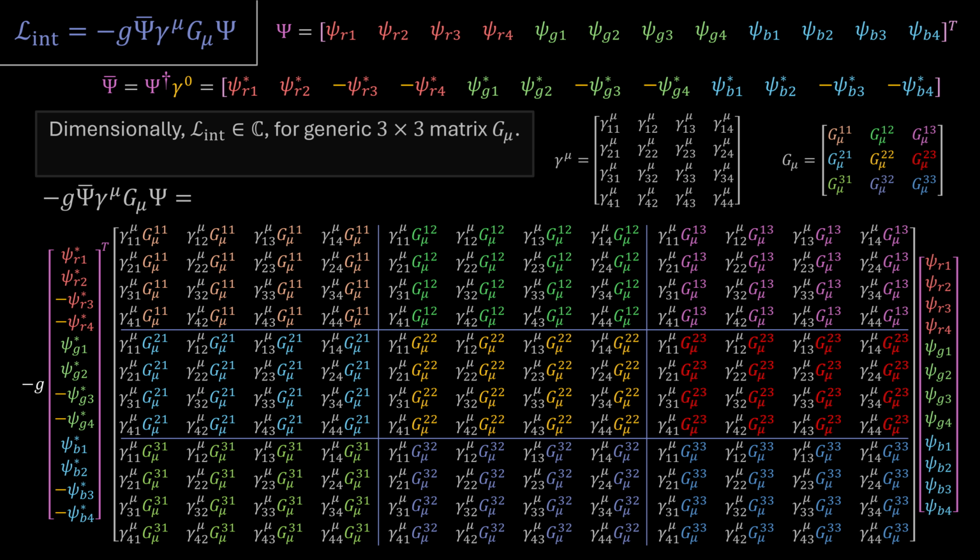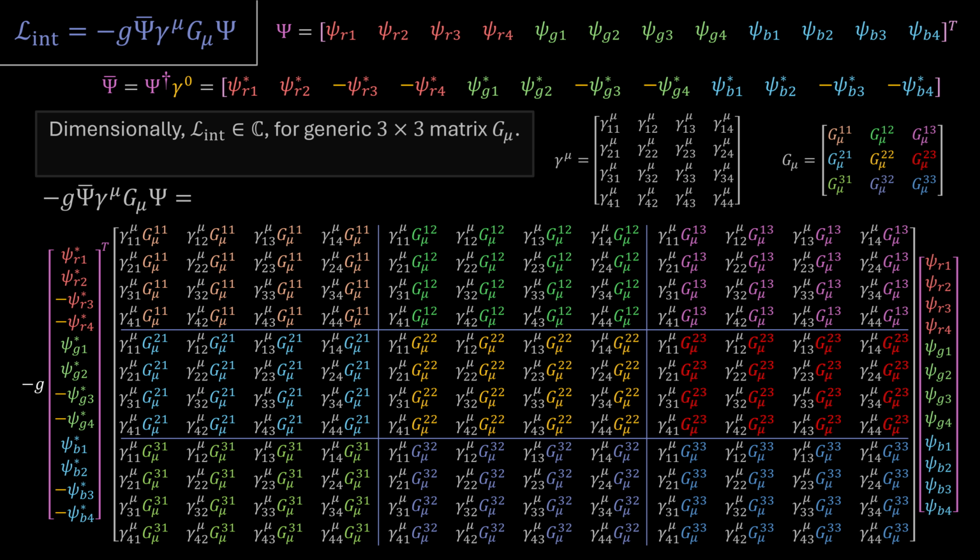But the thing about a Lagrangian is that it can't be complex-valued. It has to be real-valued. And so it is good that dimensionally we know that it has to at least be complex-valued, as opposed to being like a vector or a matrix. But we do have to insist that this Lagrangian term should be real-valued, and so we have to restrict it in the complex plane to being purely on the real number line.